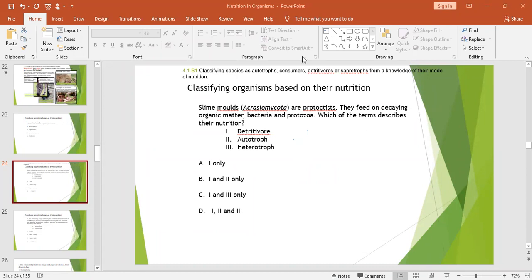Slime molds across your mycota are protists. They feed on decaying organic matter, bacteria, and protozoa. Which of the terms describes their nutrition? Detritivore, autotroph, then heterotroph. Okay, so which one best describes according to you?